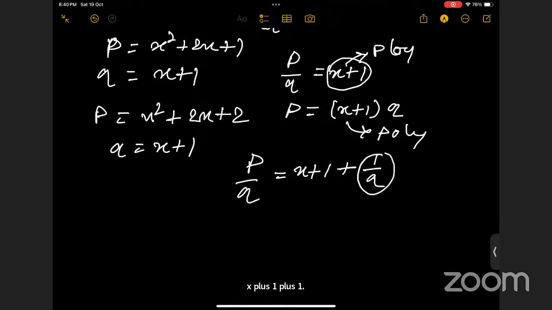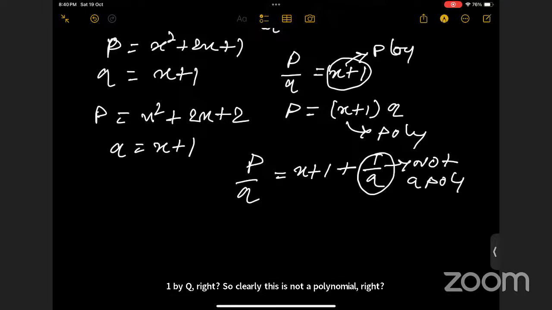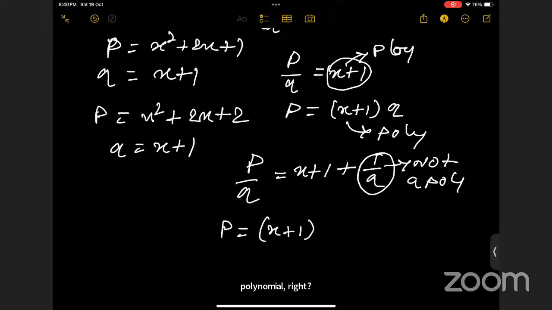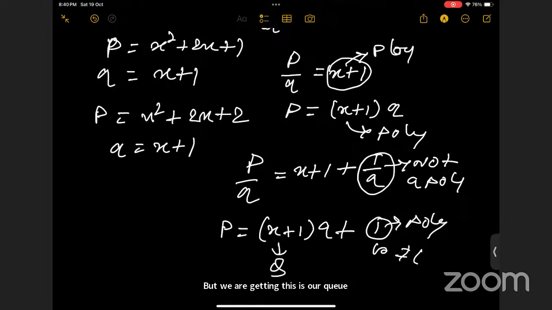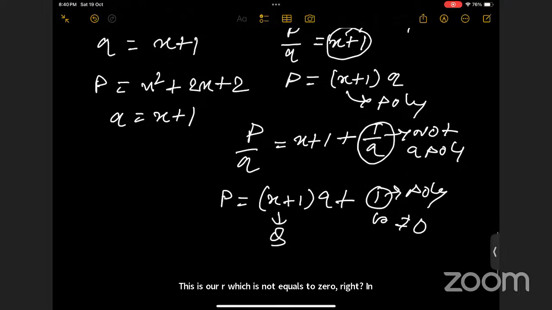So clearly this is not a polynomial, for this term. So we can express it as x plus 1 into Q plus 1, where this 1 is the remainder R, which is not equal to 0, right? In this case, we can say that P is not divisible by Q. Is it fine? Yes, ma'am.